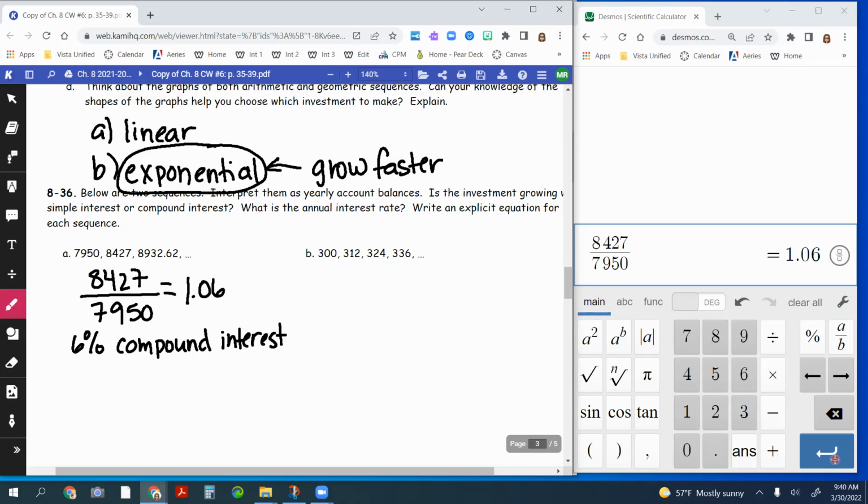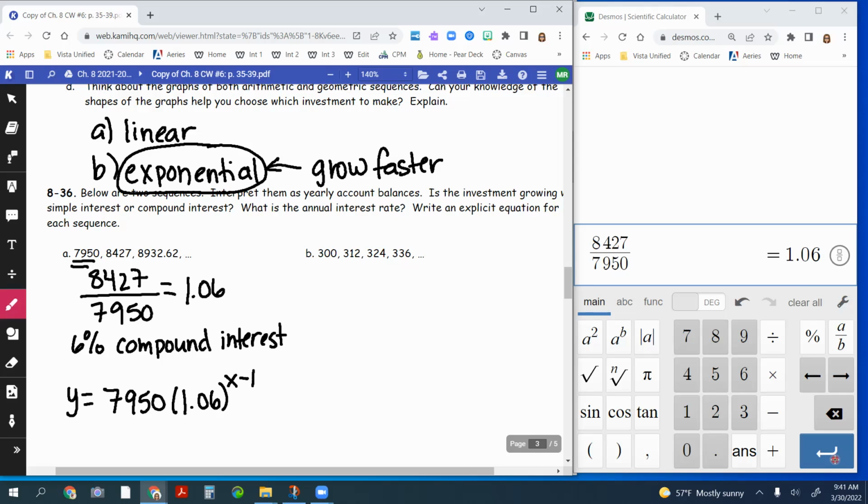And our equation would be y is equal to, and I'm going to start with 7,950 times 1.06. And where I have to be careful is this is the first one. So I'm going to raise it to the x minus 1, or I need to go backwards.